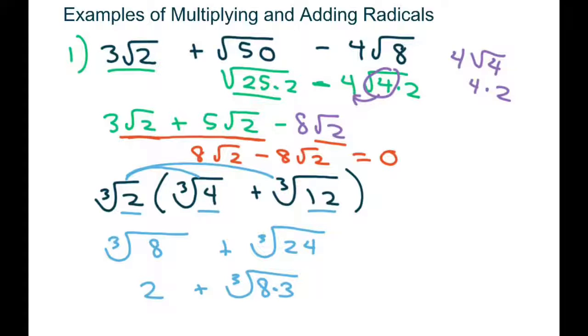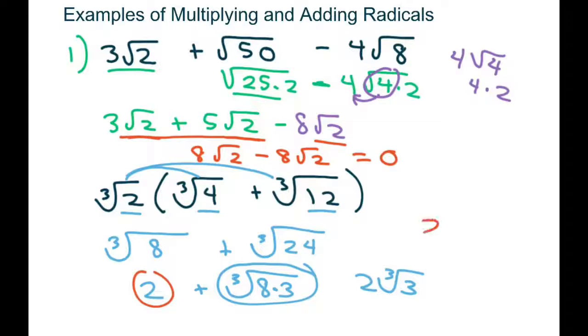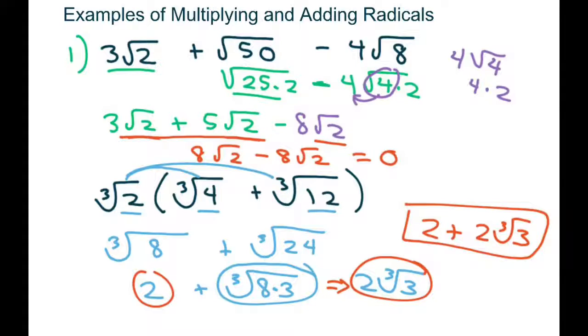So the cube root of 8 is just 2, and then you're left with still the cube root of 3. So your final answer is going to be 2 plus this one, because those equaled there. So that's going to be 2 cube root of 3. That's your final answer there.